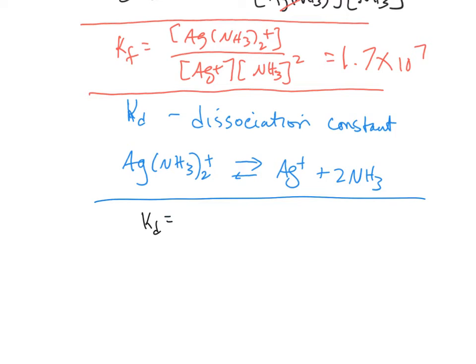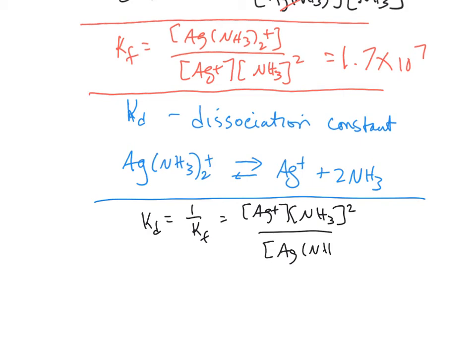So Kd is defined as 1 over Kf, and this will be the silver ion concentration times ammonia squared divided by the complex ion.